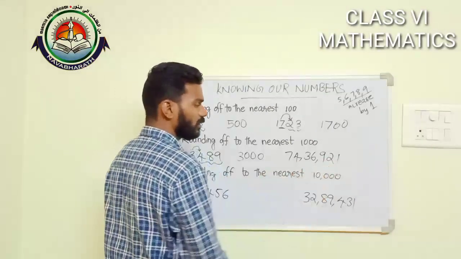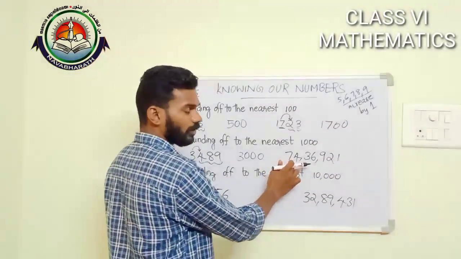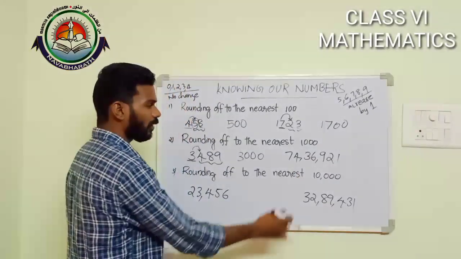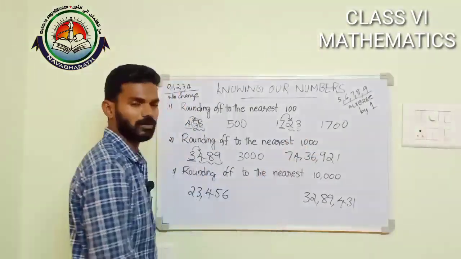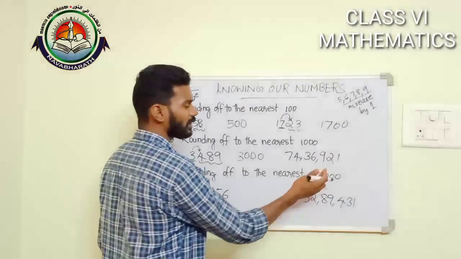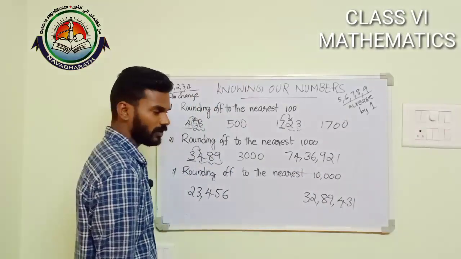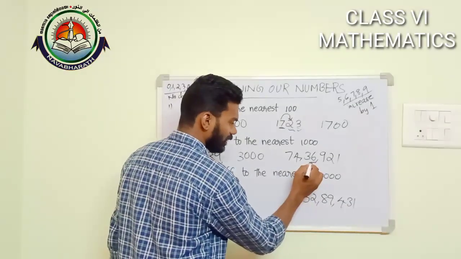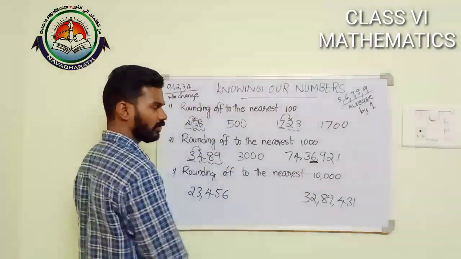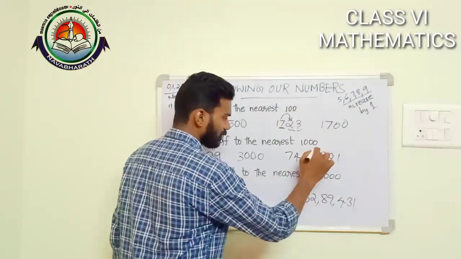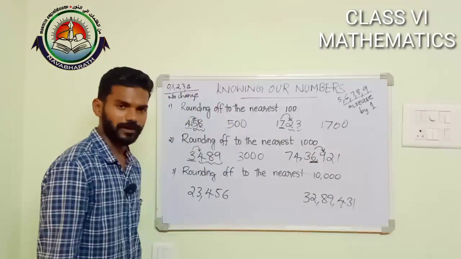Now just do it. 74,36,921. Round off to the nearest 1000. First of all, consider the digit at the 1000 place in the given number. Which is the digit at the thousands place? It is 6. And which is the digit next to it? It is 9.